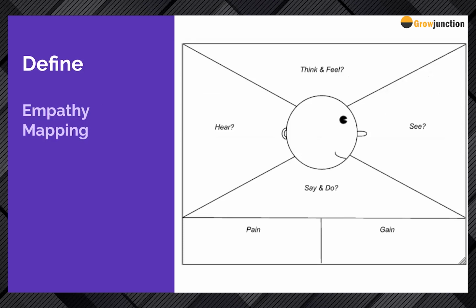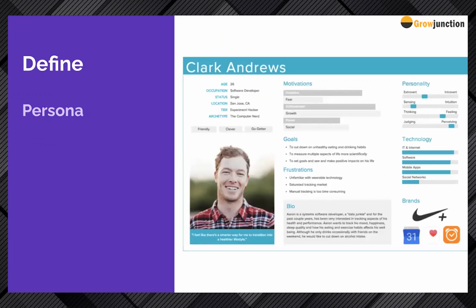So many times we see that there's a very big difference between what the customer says and what the customer actually does. So these things we need to identify for each customer persona. We also need to identify the major pain points of the customer persona and the goals they are aiming to achieve.